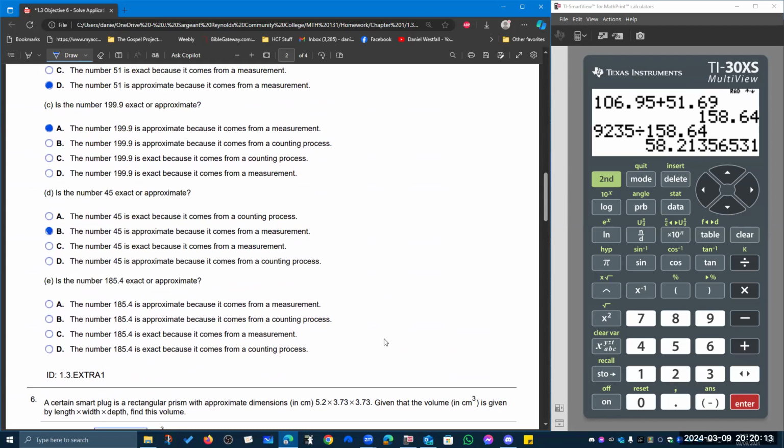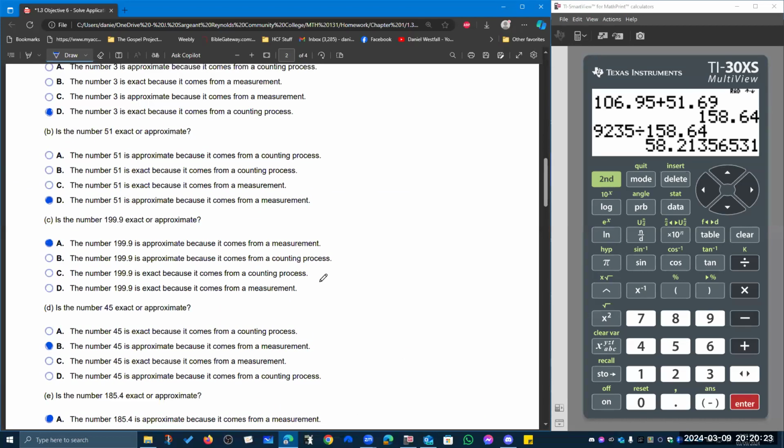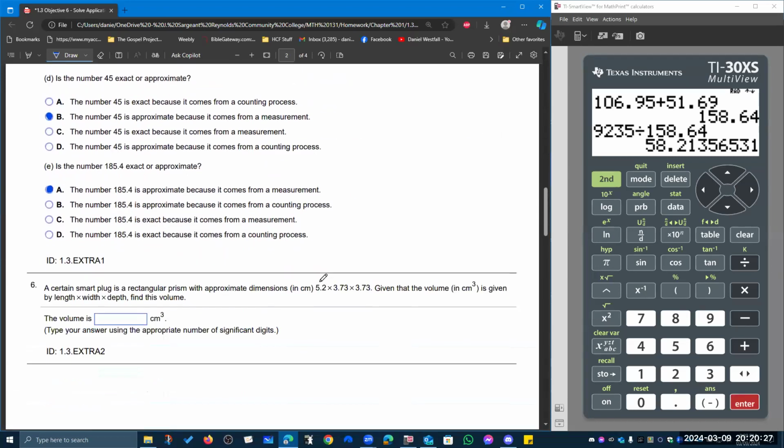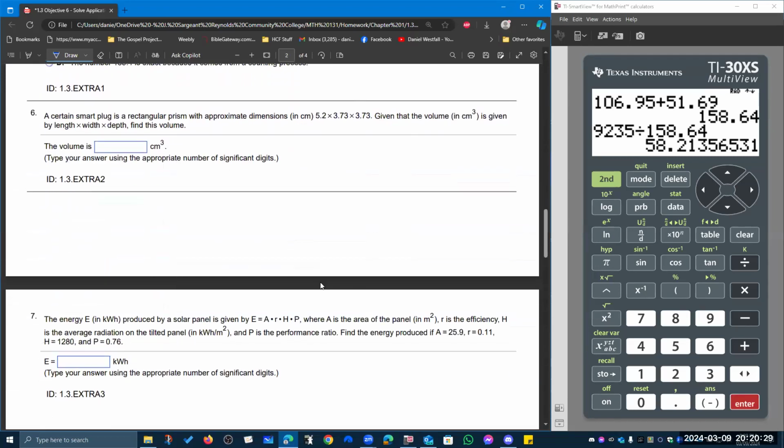And the number 185.4 is approximate because it comes from a measurement. So all of them were approximate other than the 3, which was exact because we counted 1, 2, 3.